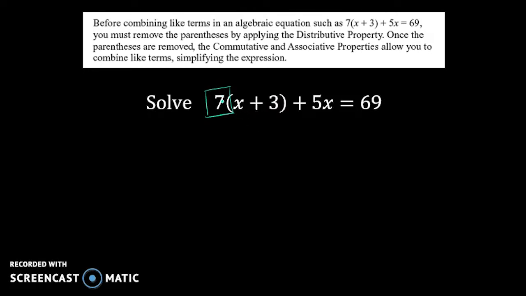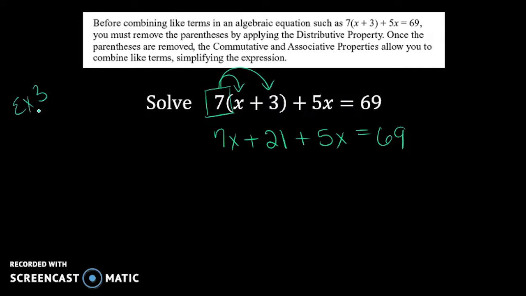So when solving an equation, if there's parentheses, you have to get rid of those first. We're going to take 7 times x, and we'll get 7x, plus 7 times 3 is 21, plus 5x equals 69. By the way, this is your example 3 on the next page.